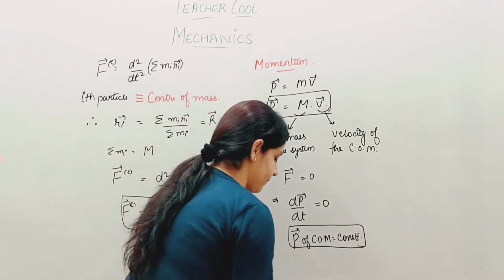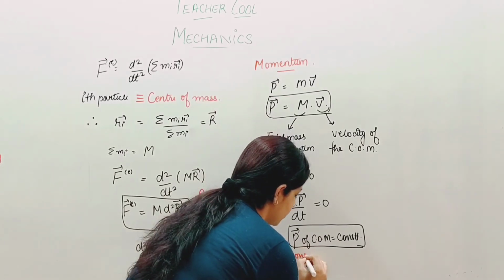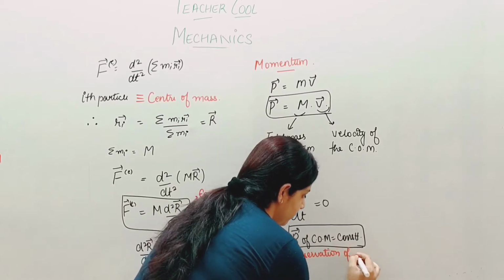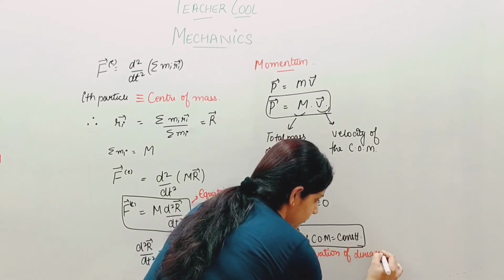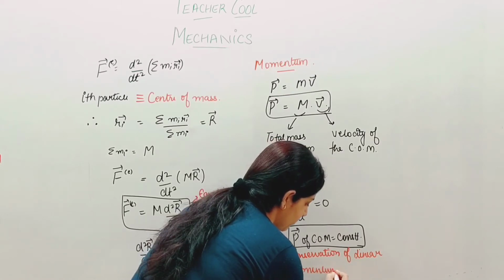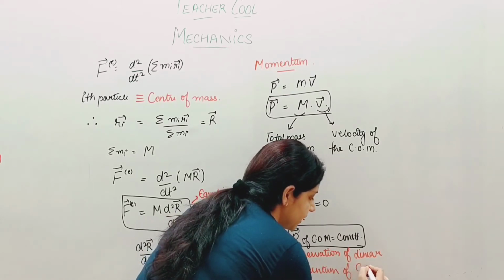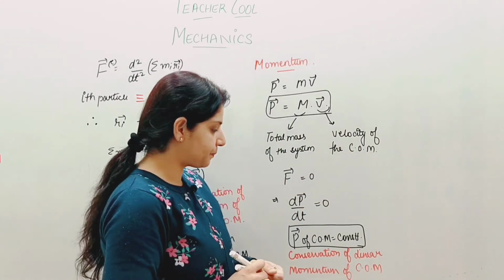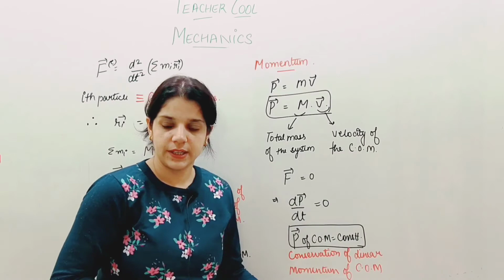Which is the conservation of linear momentum of center of mass or for the system of particles. I hope it is clear.